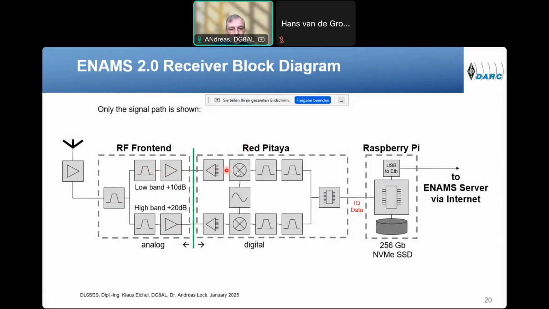The Red Pitaya provides 2 independent SDR receivers, which are shown here: the AD converter, the digital mixing, and then 2 low-pass filters. The ARM cores in the Red Pitaya are no longer used intensively, and we get the IQ data here, feed it to the Raspberry Pi, where it is stored on the local disk, and with a second interface, it can be sent to the ENAMS server via the internet.